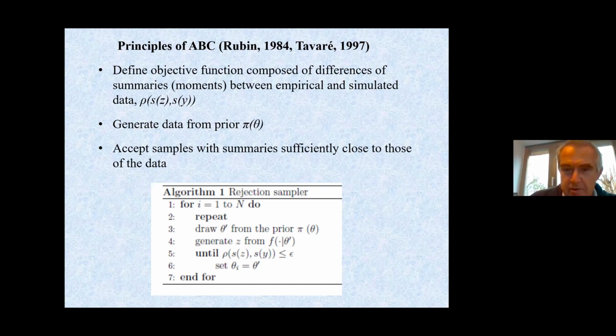You accept all those. You accept those simulated samples indicated by a set that are sufficiently close to the empirical samples, namely that fulfill this criterion that the difference between both in aggregate should be smaller than some pre-specified value epsilon.